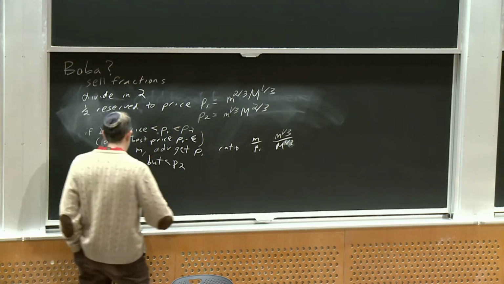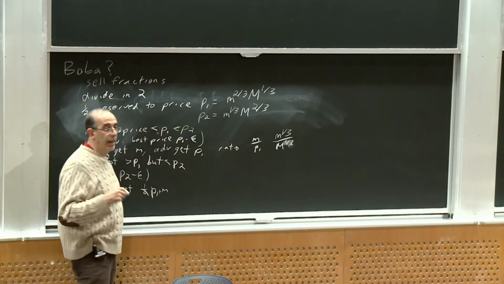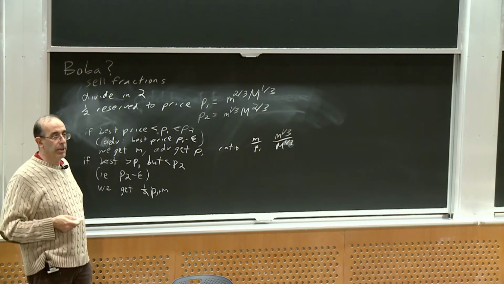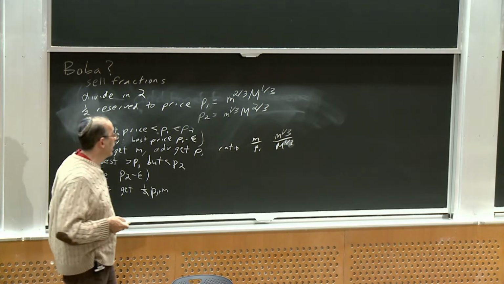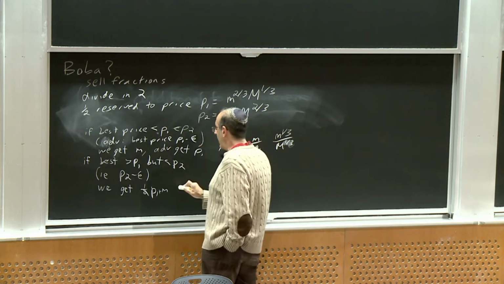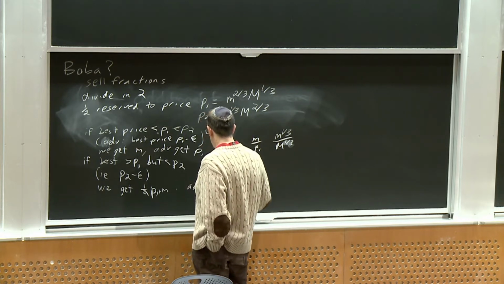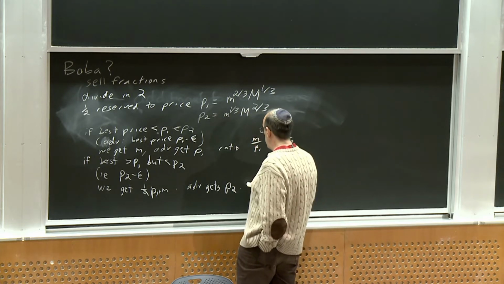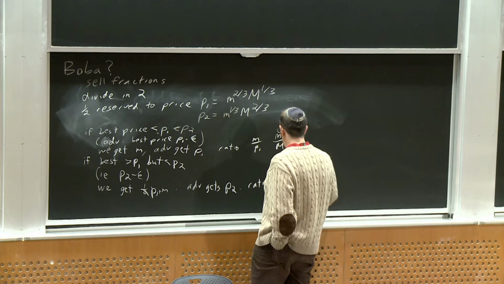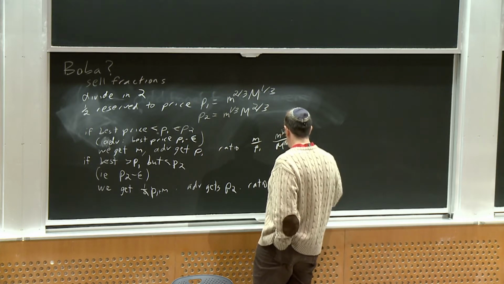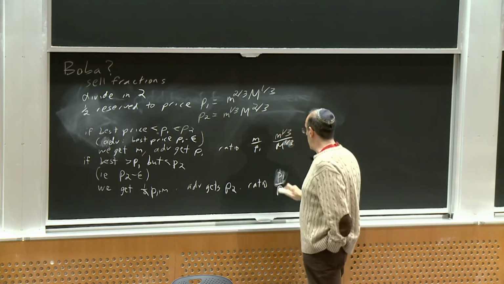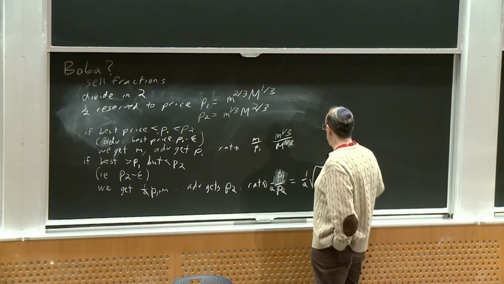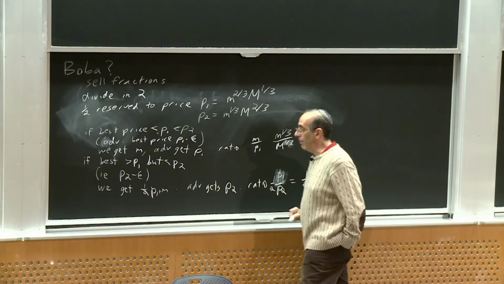We also get m, little m, for the second batch that we never reached the reserve price, but that's negligible compared to P1, so we won't worry about it. But the adversary gets P2 minus epsilon, but I'll ignore that. So the ratio now is P1 over P2 times a half, which is equal to 1/2 of the cube root of m over m.